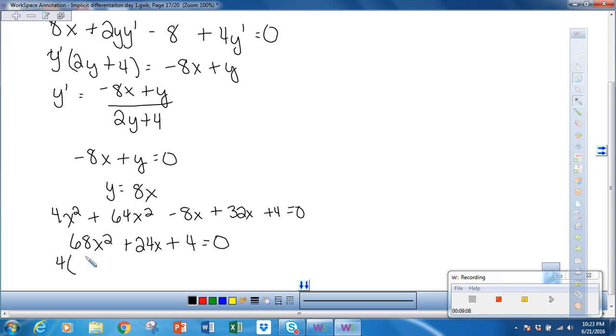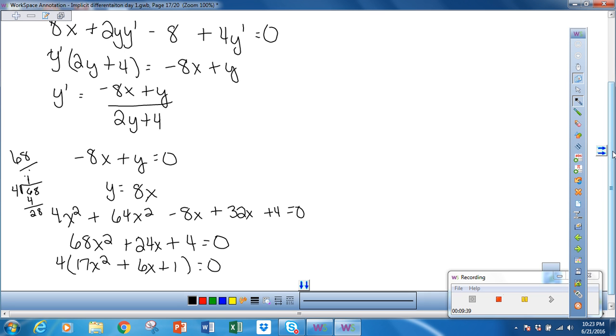And I don't have a calculator. 68 divided by 4 is 17. That's 17x squared plus 6x plus 1 equals 0.